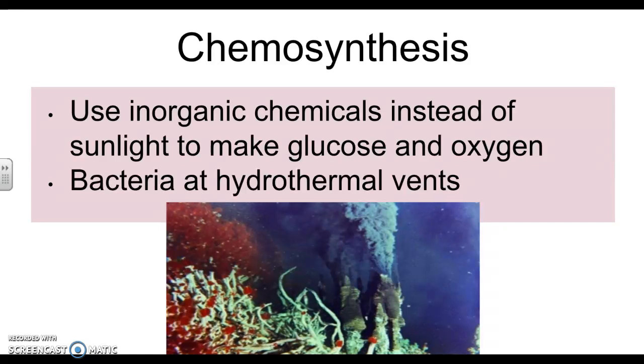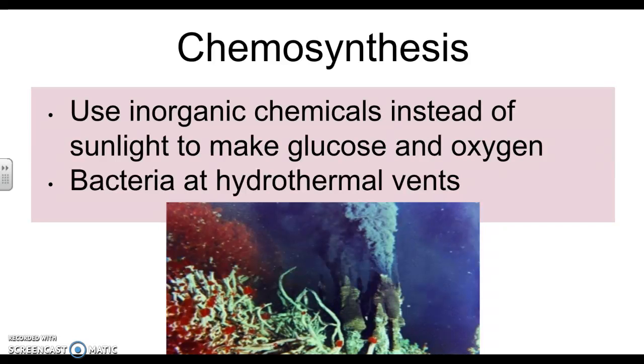They're going to be located deep in the ocean at hydrothermal vents. And a lot of times they're going to live symbiotically with an organism called a bloodworm. So these things at the bottom right here, they're called bloodworms. And they have a red color, it almost looks like blood. In their blood, well, I guess it is blood.